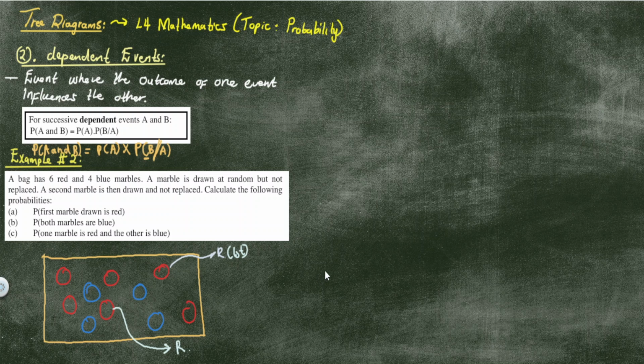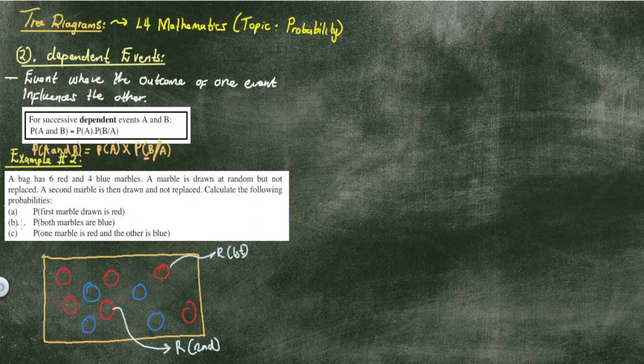Nine. And then for the second draw, let's say we take another red marble and don't put it back. How many are left? Eight. Yes, 8 are left. All right.